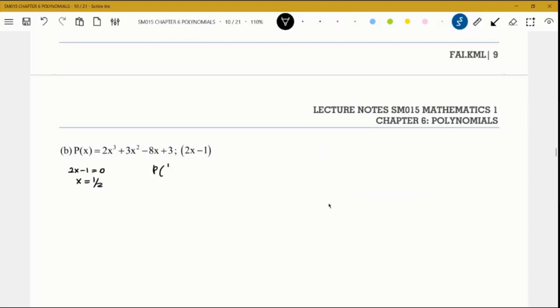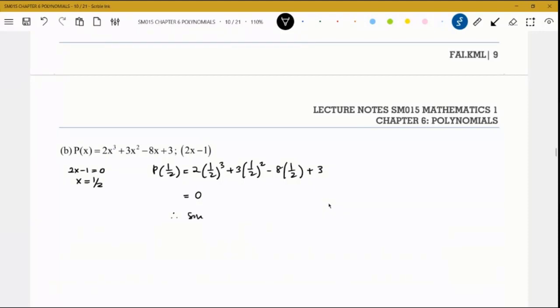So substitute half into P(x). Can someone help calculate, what do you get? Zero, miss. Okay, so we have 0 as well. So it means 2x minus 1 is a factor of P(x).